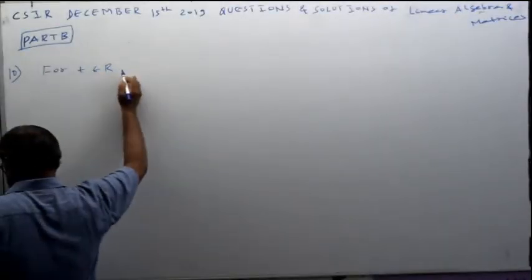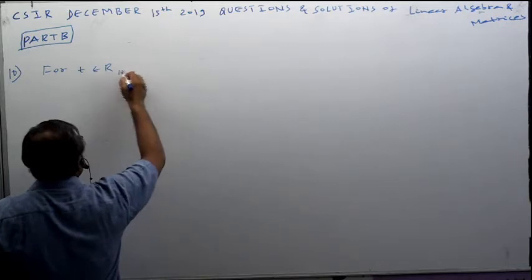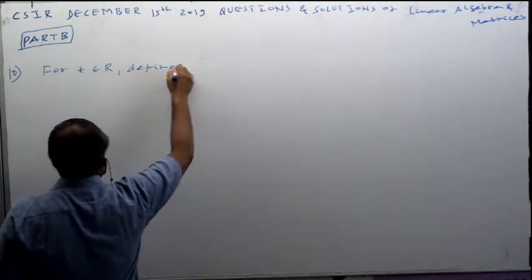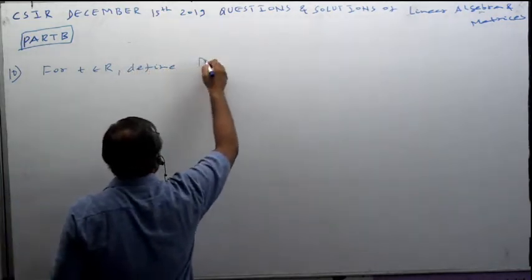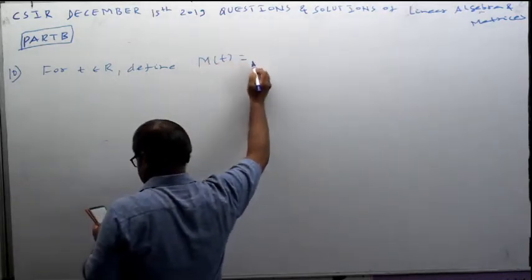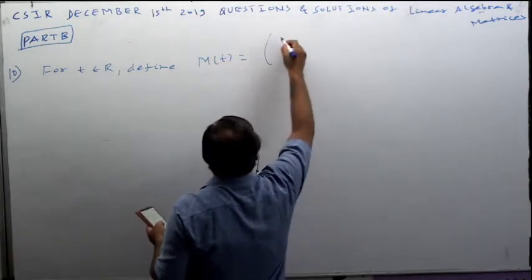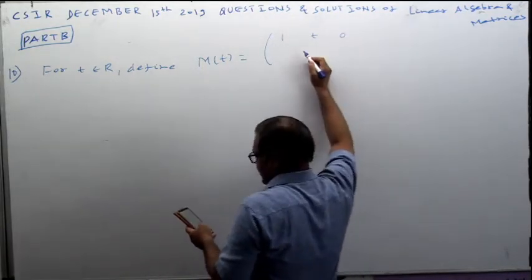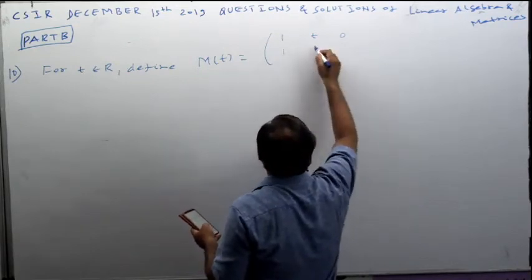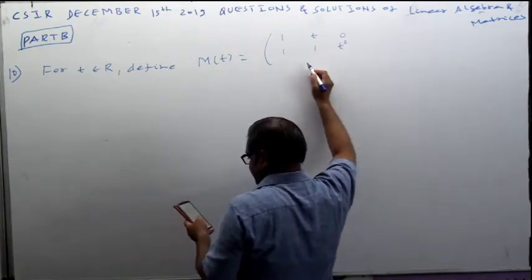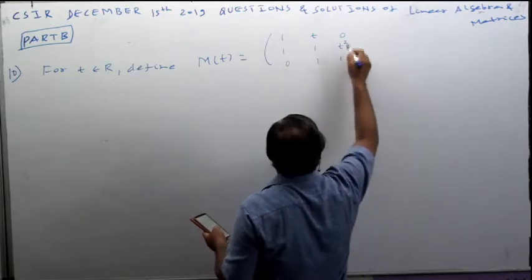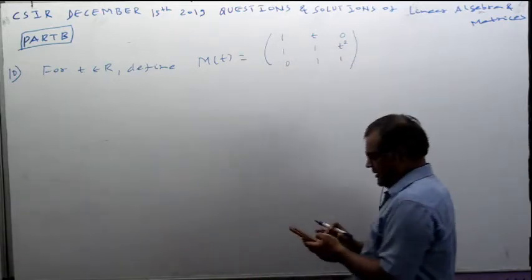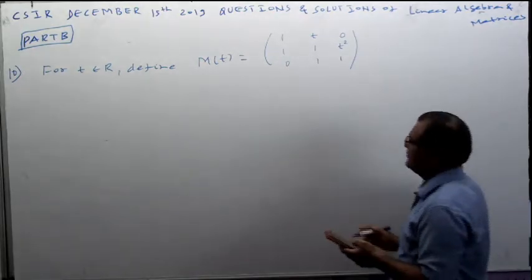For t belonging to R, define M_t equals to the matrix 1 t 0, 1 1 t square, 1 1 t square 0 1 1. Then which of the following statements is true?